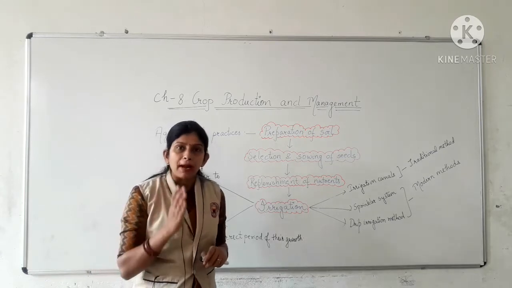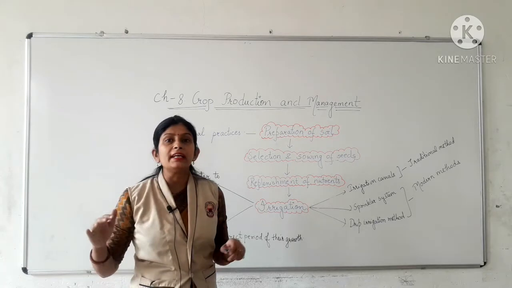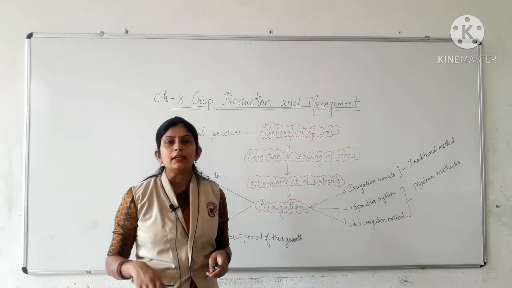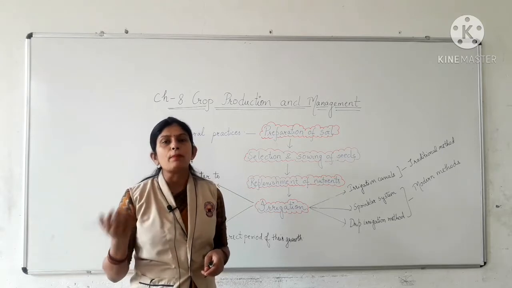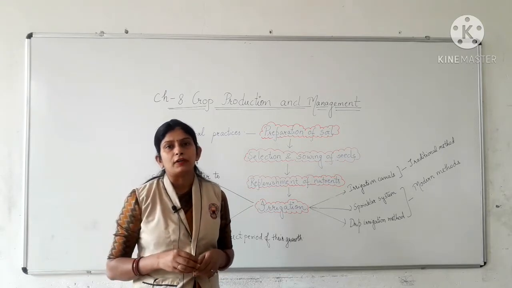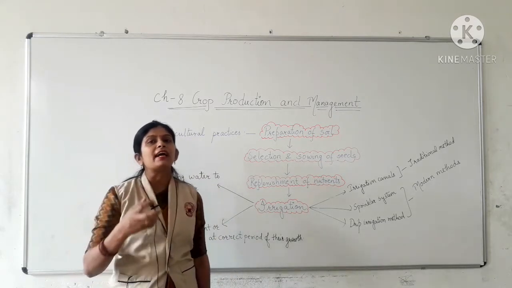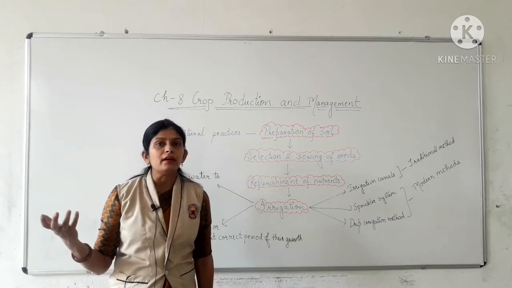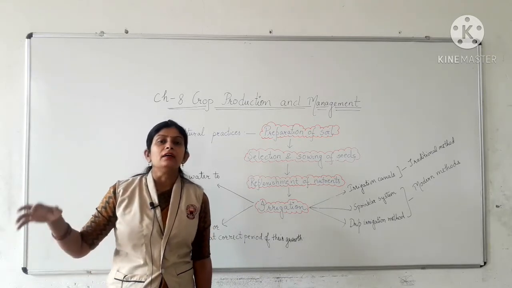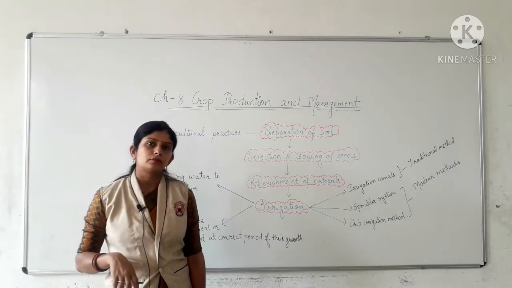Even the paddy or rice crop is grown in standing stagnant water. So rice or paddy crops require a large quantity of water. So we can conclude that different kinds of crops require different amounts of water at different periods of their growth.